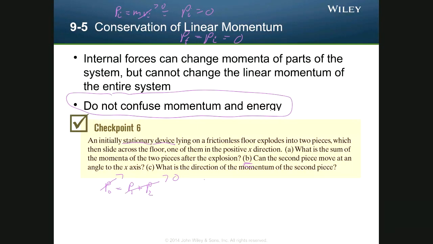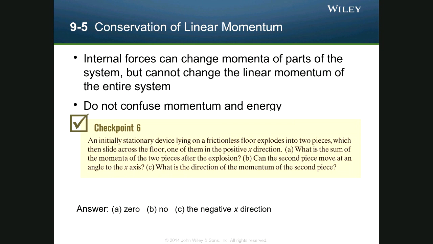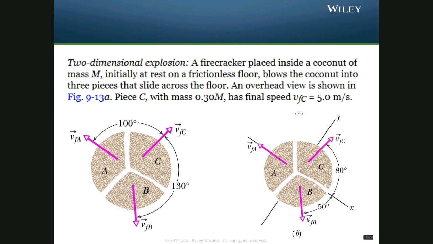Okay. As we can see, we're correct. Now we have a little bit more fun to do here with a two-dimensional explosion. We're looking at this from the top, from a bird's eye view. This is sort of similar to the checkpoint, but a firecracker is placed inside a coconut of mass m.